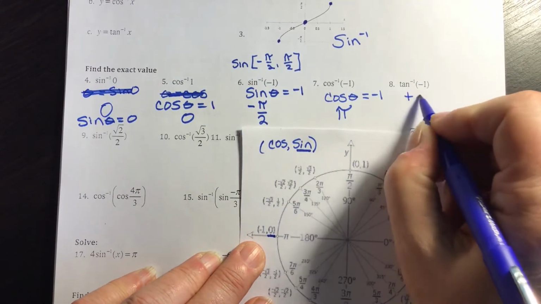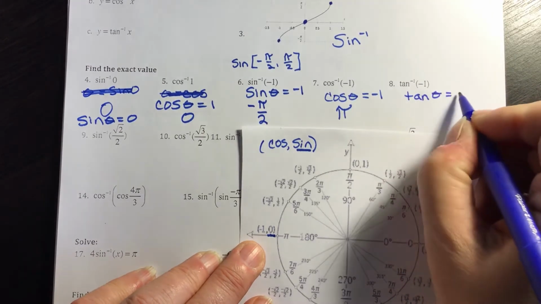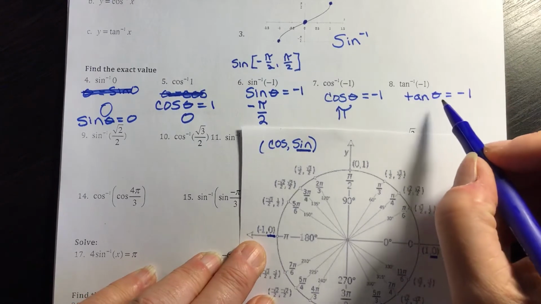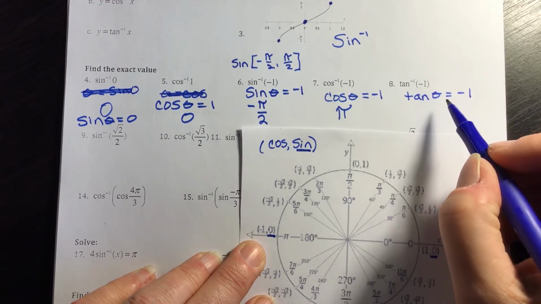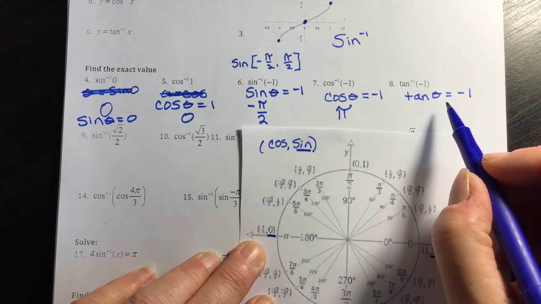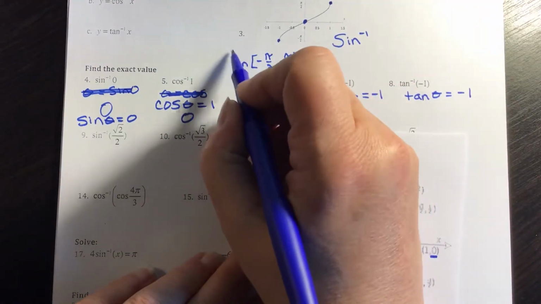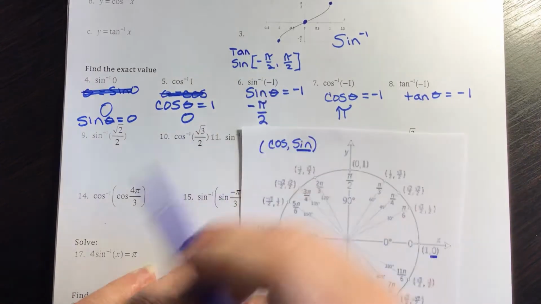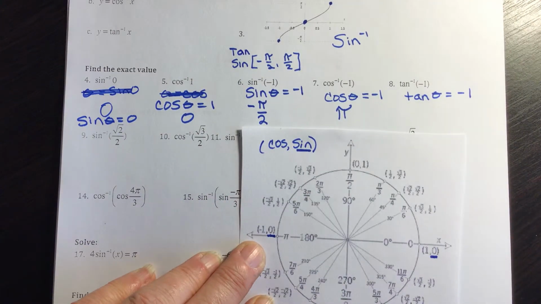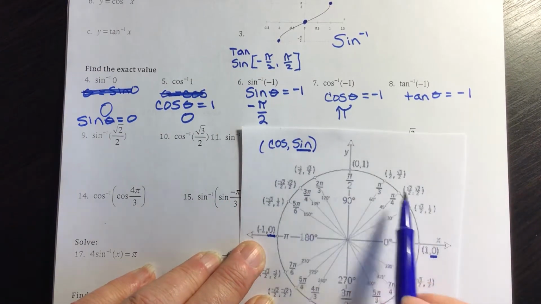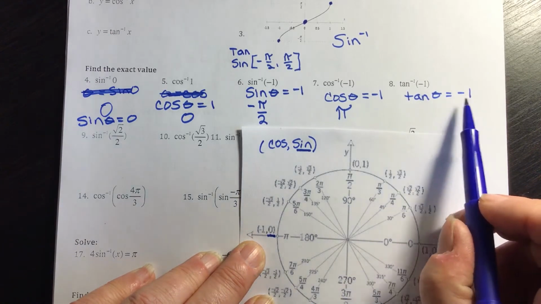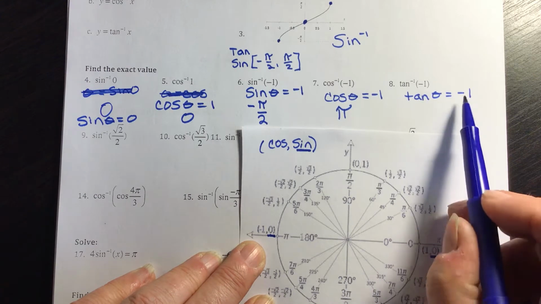This one says tangent of what angle is negative 1. Now remember, tangent is sine over cosine, and it also has a domain of negative pi over 2 to positive pi over 2. So I'm looking on this side, and I have to have the same values divided by each other.